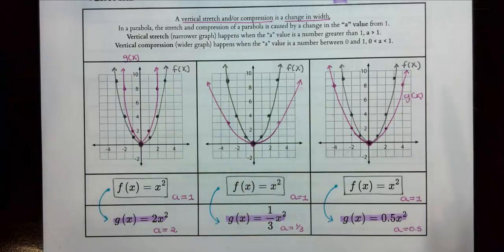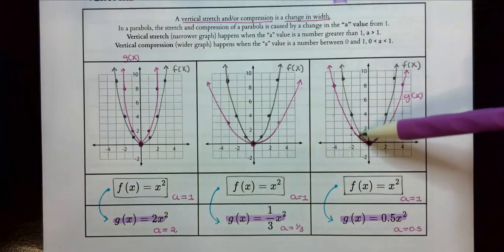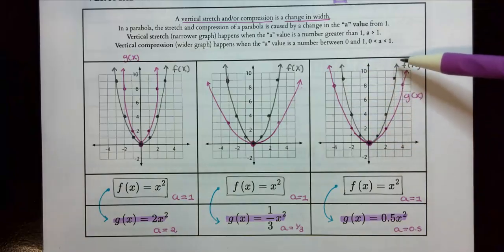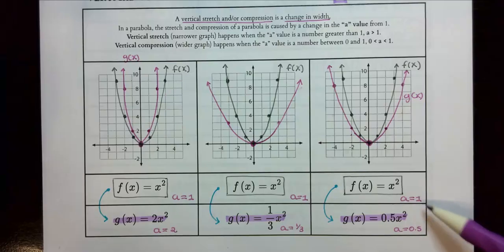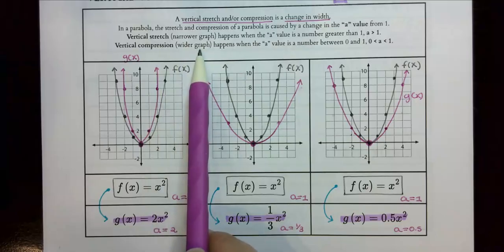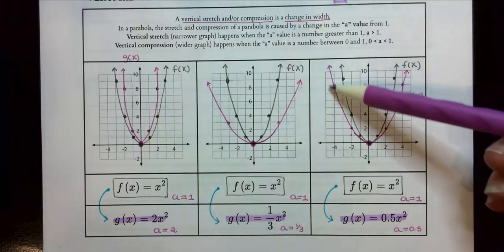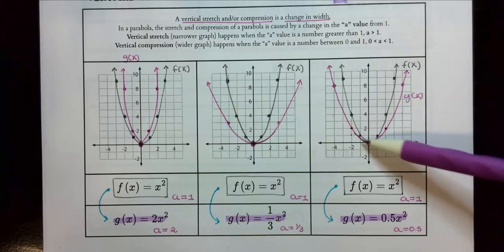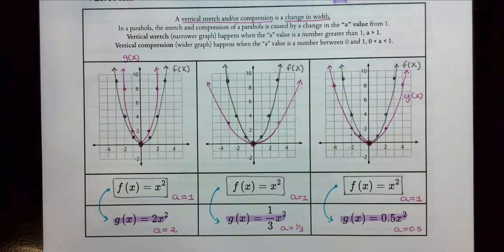If you take a moment to look at our third example here, same parent function, same points, same width, and it's still a positive 1, but notice that I changed my a value to a decimal, which is 0.5. Once again, 0.5 is between 0 and 1, so that is a vertical compression because our graph is wider. The entire graph is on the outside of our parent function.